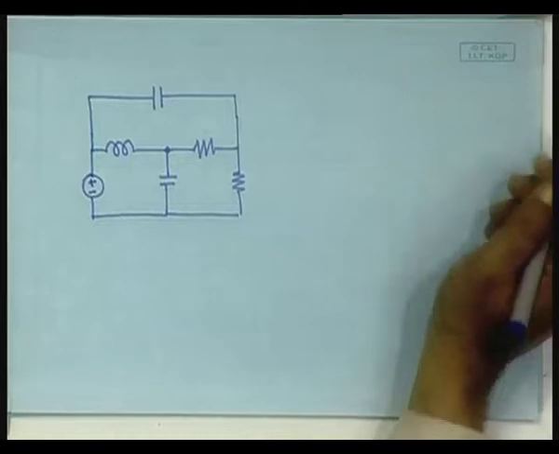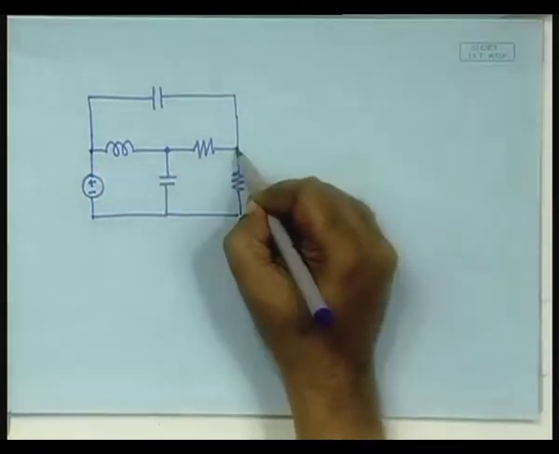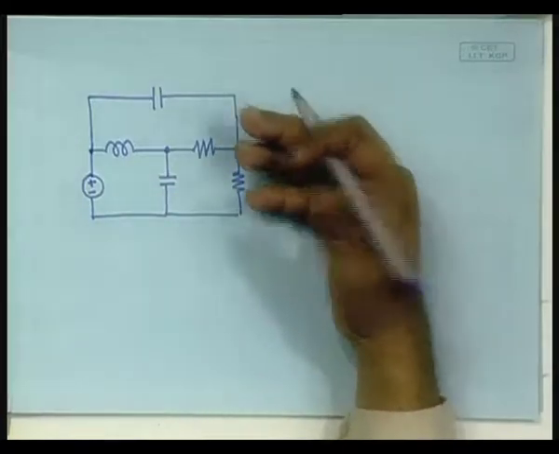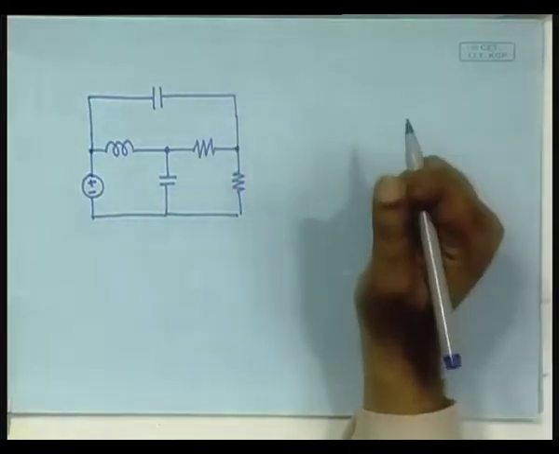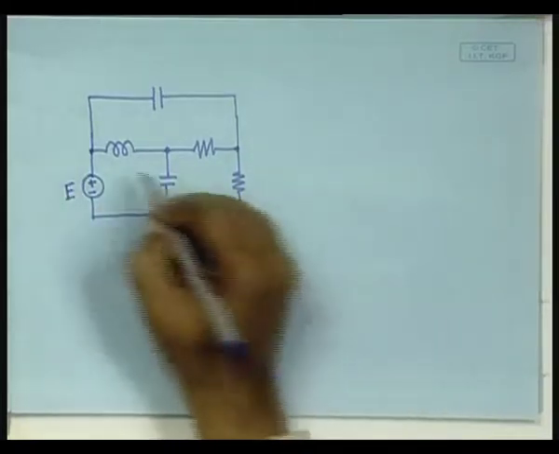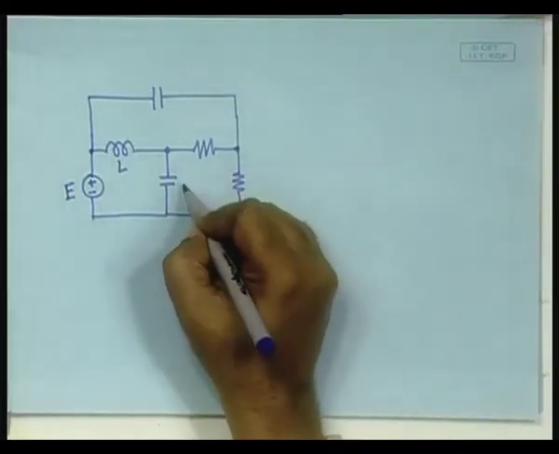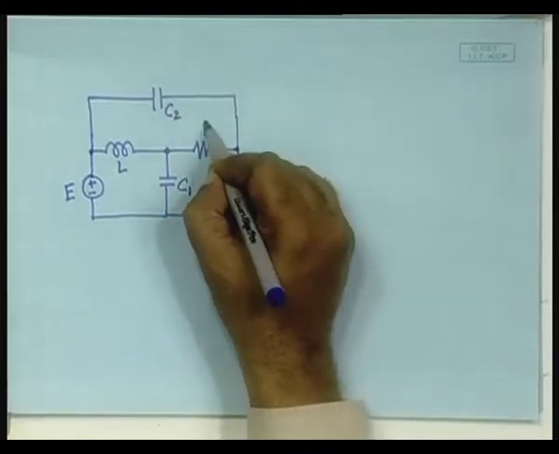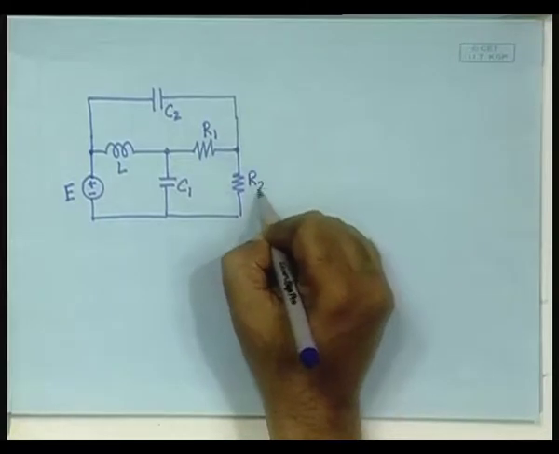The differential equations of this system, that is what we would like to obtain. This is our E, this is L, this is C1, this is C2, this is R1, this is R2.